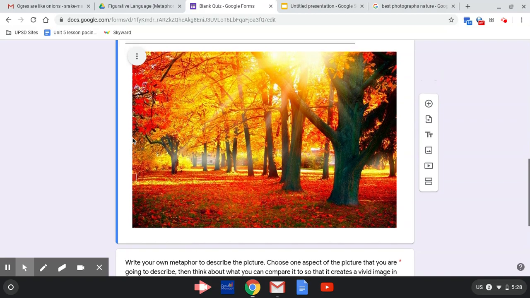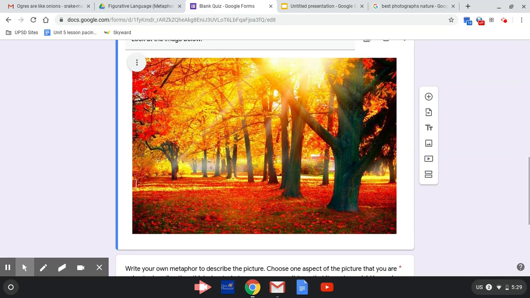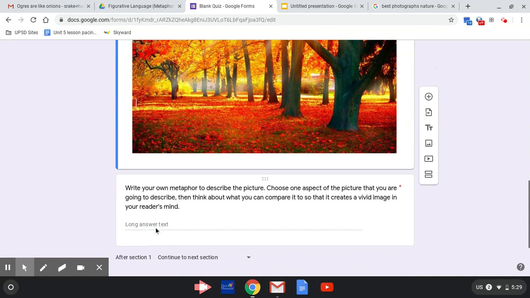So again, a good way to start out is to think about this in terms of a simile. So I might say that the autumn leaves were like a firework display, right? They're bursting with color. But remember, the word like is illegal. So instead of saying that it's like a firework display, I'm just going to say that it is a firework display.